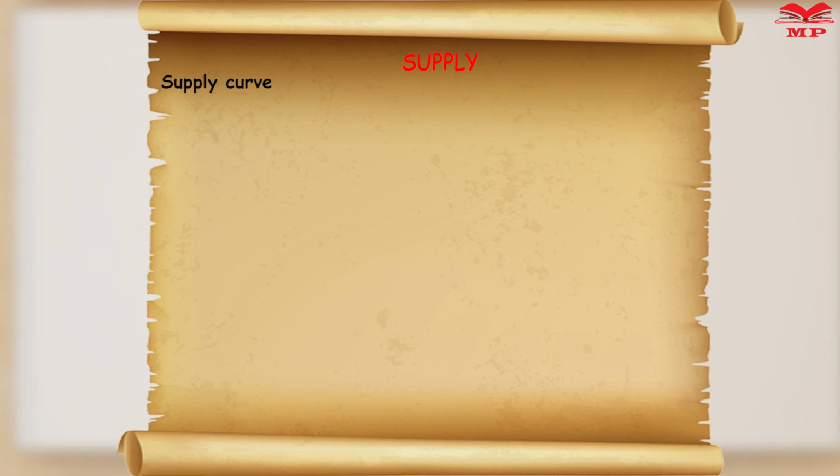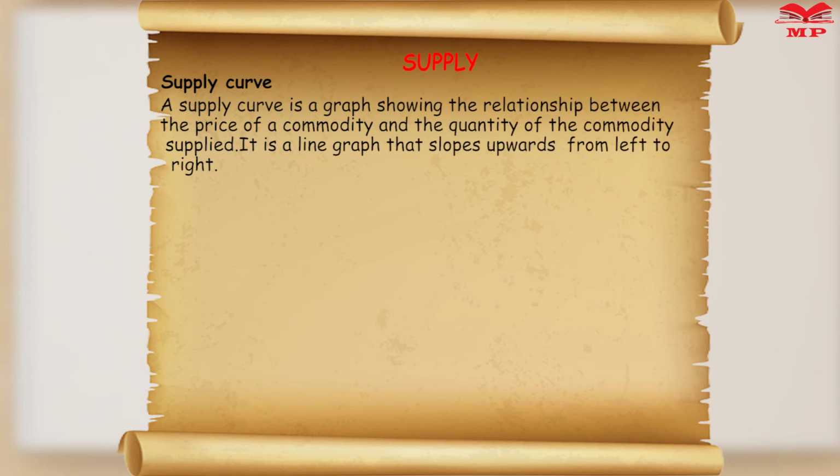A supply curve, we have said, is a graph showing the relationship between the price of a commodity and the quantity of the commodity supplied.